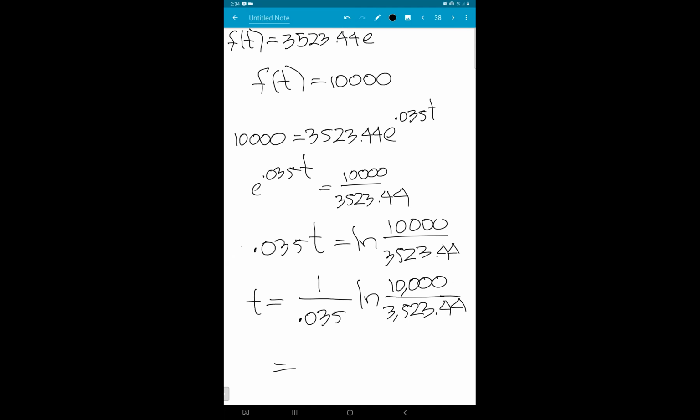So I'll use my calculator now. So I press ln first. Well, I don't have a scientific calculator here. I only have an app. So it's a scientific calculator app.